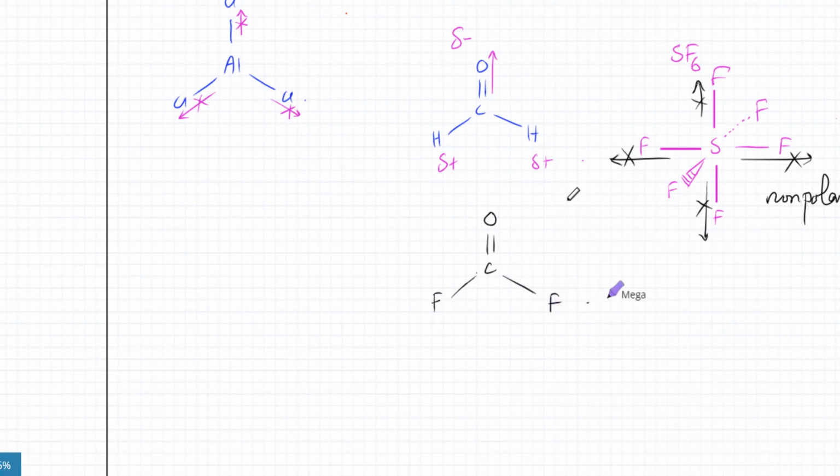Now the thing over here is that the dipoles would almost cancel out because all three of them are very electronegative. So this particular molecule, the dipoles will cancel out, or we can say that the dipoles almost get cancelled out because the electronegativities are very similar.